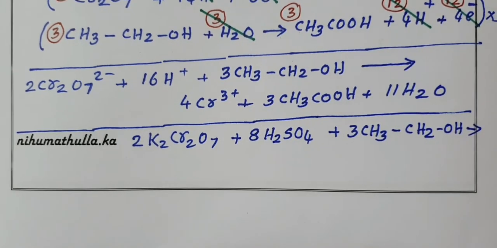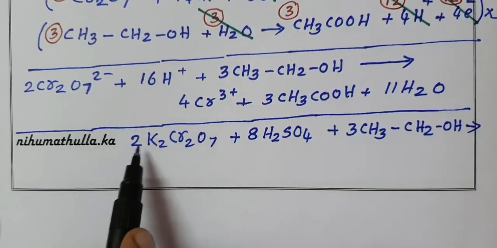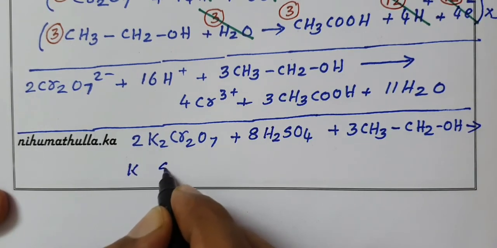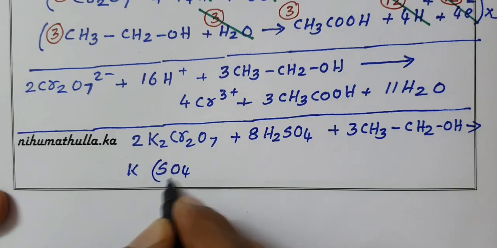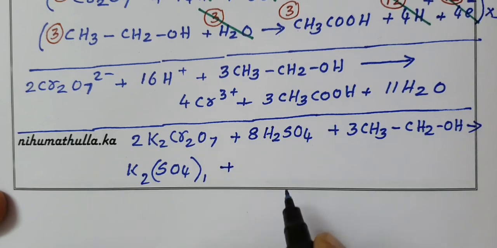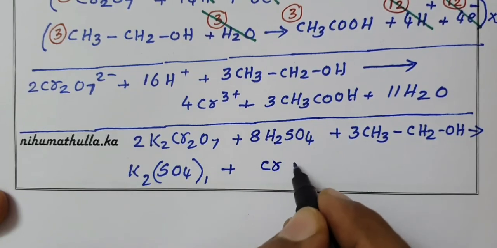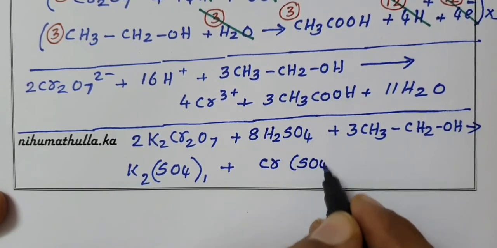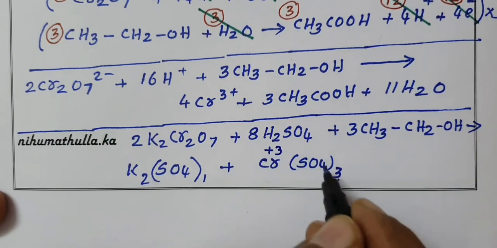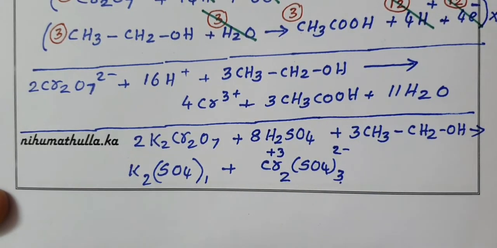Gives, right hand side. We use potassium and also chromium. This potassium combined with the sulfate gives potassium sulfate. Potassium is monopositive, sulfate is 2 minus, plus chromium is converted into chromic sulfate, in which chromium is in the 3 plus oxidation state. Therefore, 3 is here. Sulfate is a 2 minus ion, that 2 is here: Cr2(SO4)3.